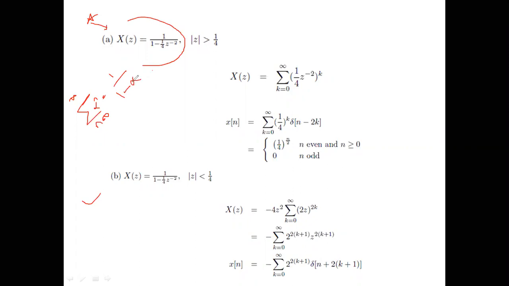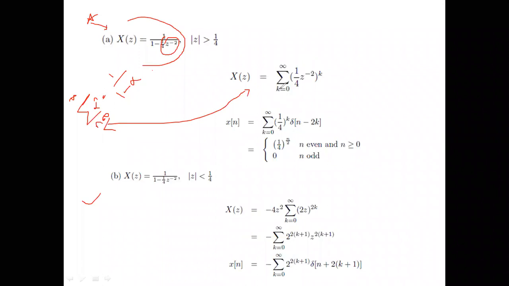We know this. Now here we have 1 divided by 1 minus alpha, and this term is alpha. So this entire term indicates this power series. Here you can see this x of z indicates alpha to the power n.